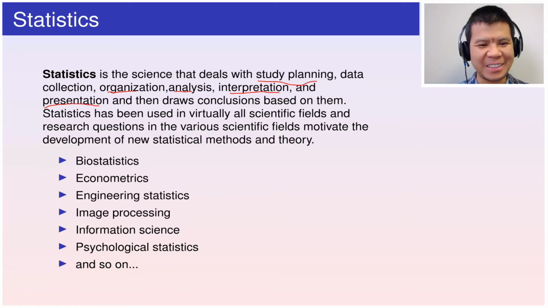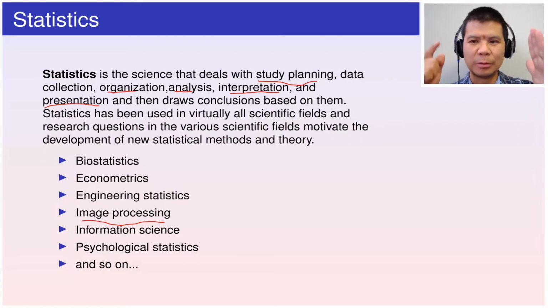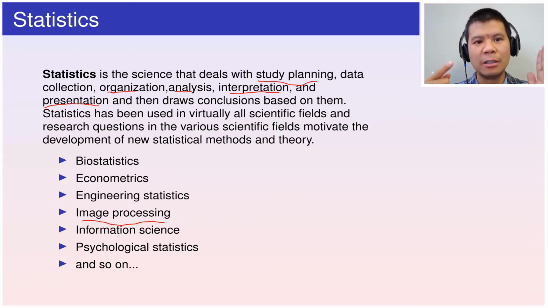Next, we also have image processing. This is really a new area, especially with the recent development of deep learning. Image processing has now been closely related to statistics. When a computer sees an image, it is arrays of values, not like we do.